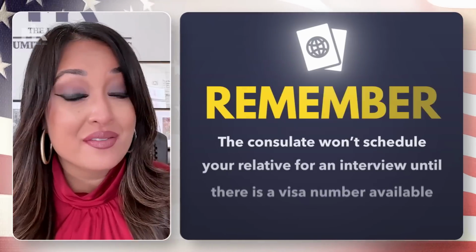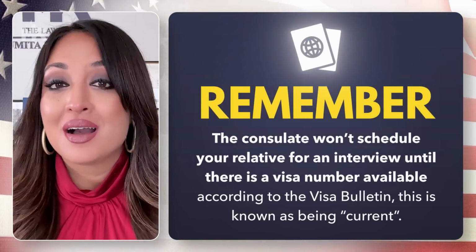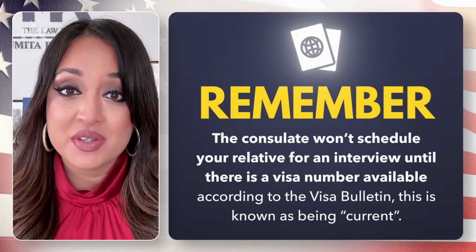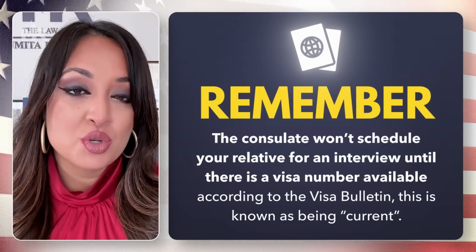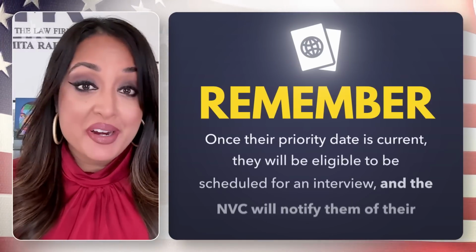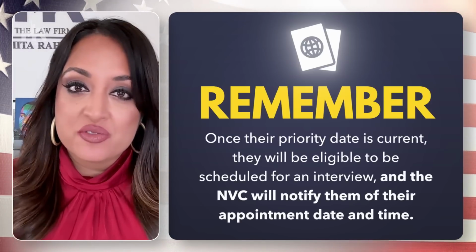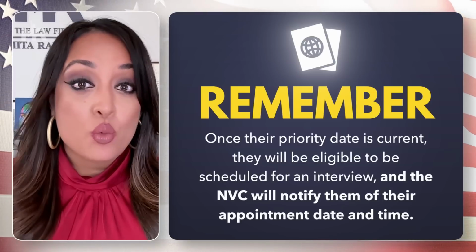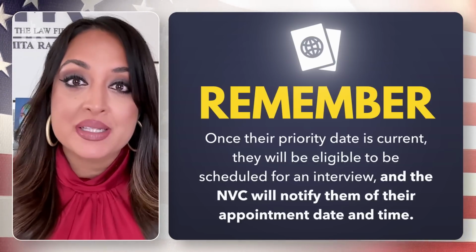Depending on what that visa bulletin says and how long that waiting period may be, the consulate may not schedule the interview until a visa number is available to your relative, otherwise known as being current. Now, once your priority date becomes current, that is when you'll have the opportunity to be scheduled for an interview, and the consulate will notify you through NVC of your actual appointment date.